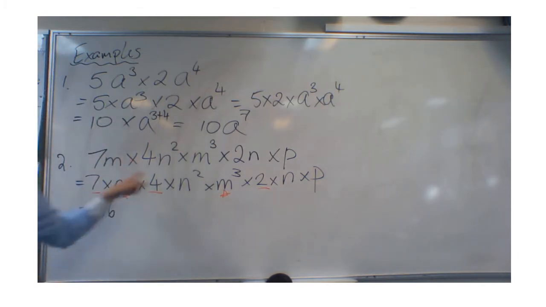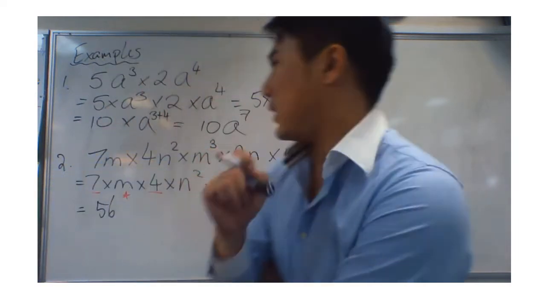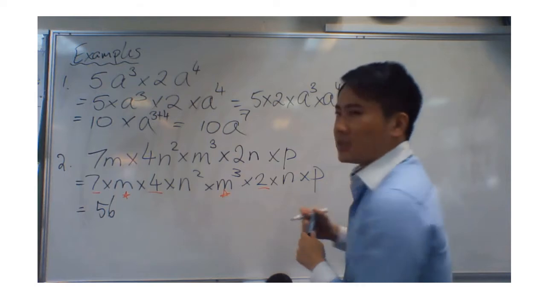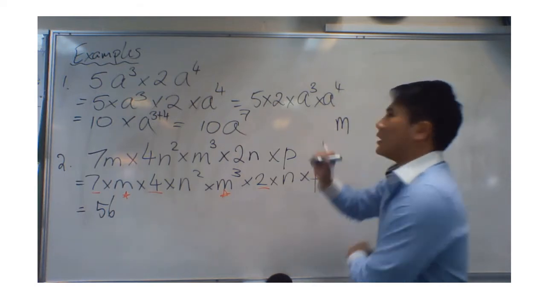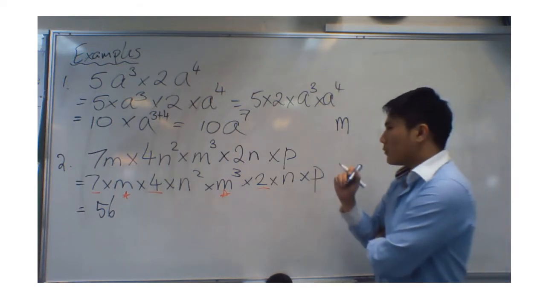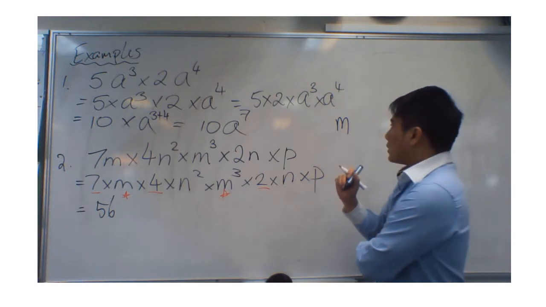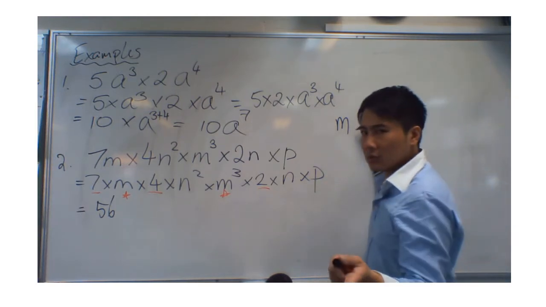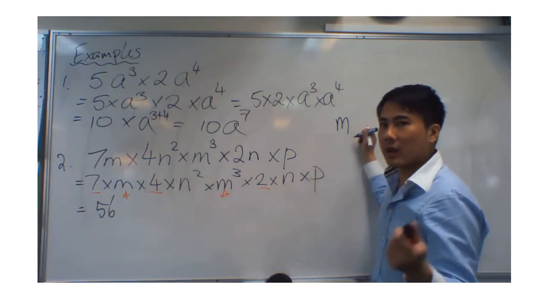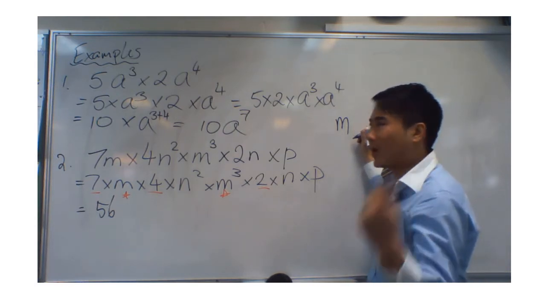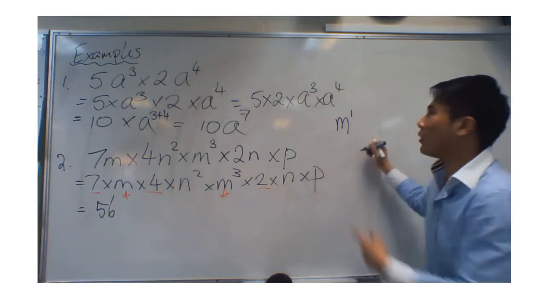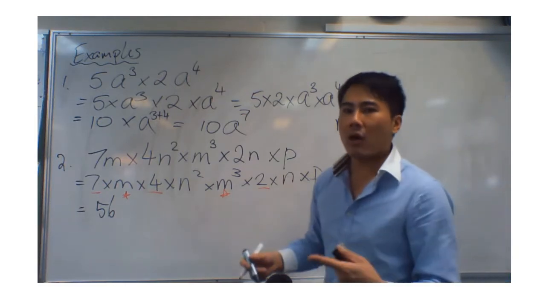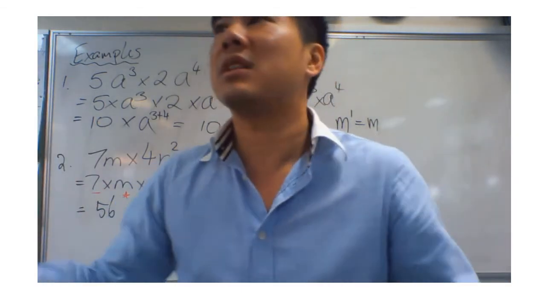What does m by itself mean? If I have to write m in index form, m is the same as m to the power of, you should know that, m to the power of 1. M to the power of 1 is m. If you raise anything to the power of 1, it becomes itself.